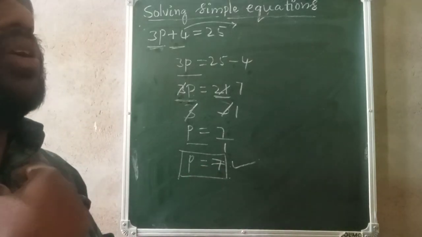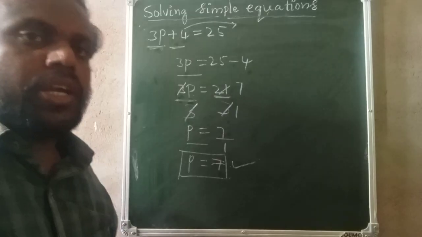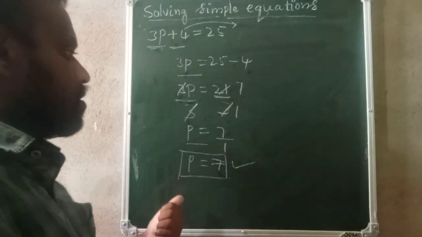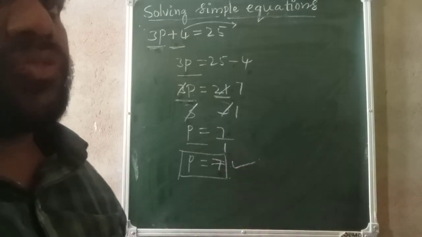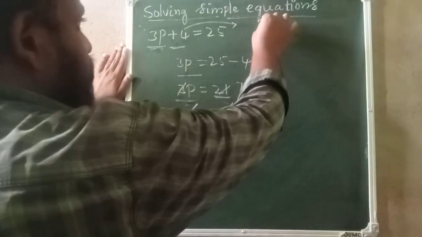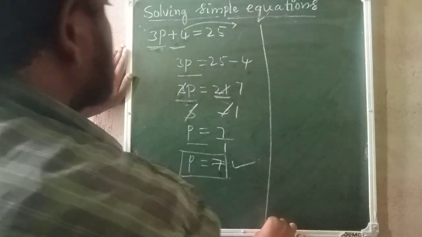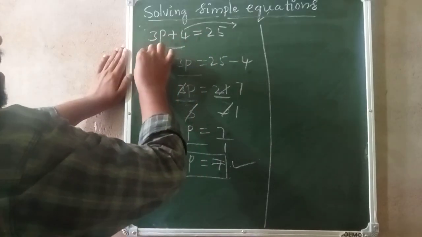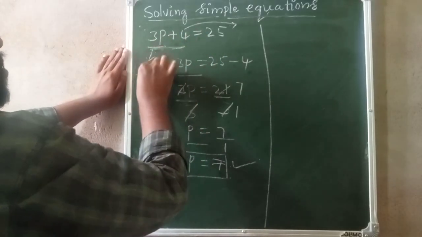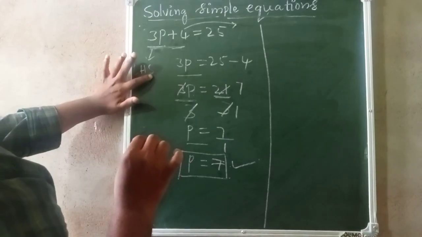Now if you want to check whether this answer is correct or not, we have a procedure for that. Before that, remember, whatever is before the equal sign is the LHS, the left hand side.